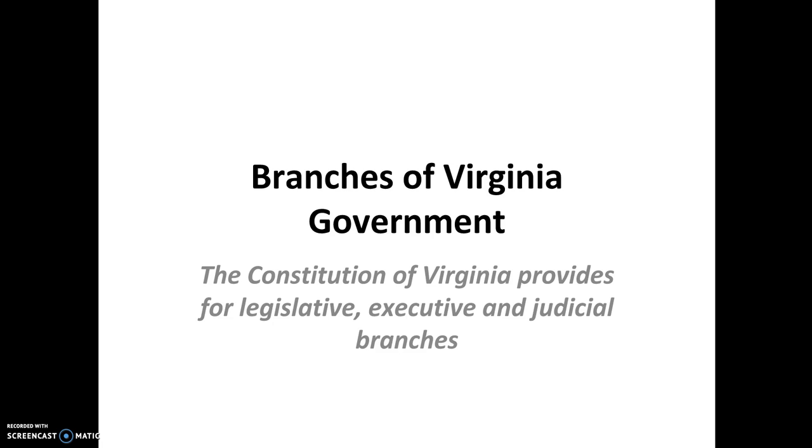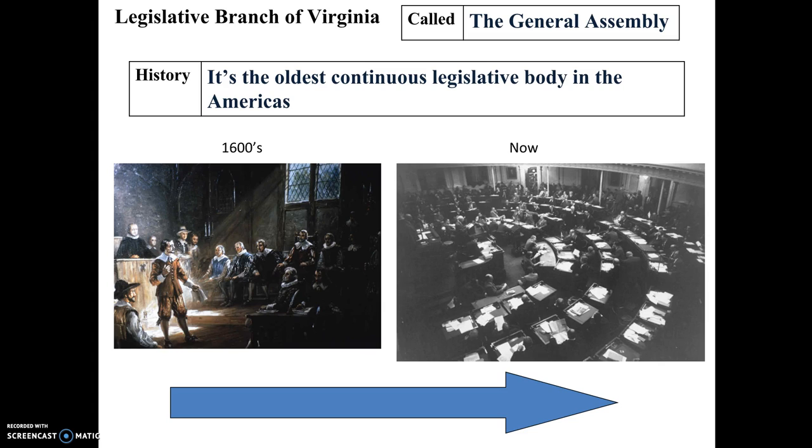Let's begin with the legislative branch. So the legislative branch of Virginia is called the General Assembly, and this has some historic distinction. It's the oldest legislative body in the Americas. We got its start back in the 1600s with the House of Burgesses, which was Virginia's colonial government, and that body has continued to exist and adapt and evolve over the years into what we have today.